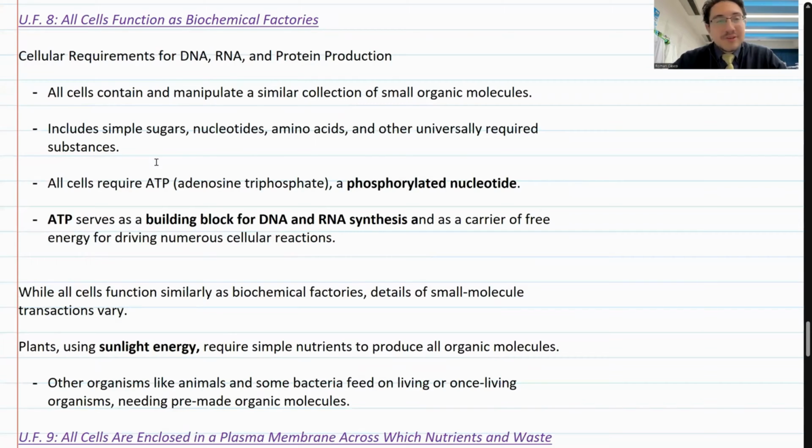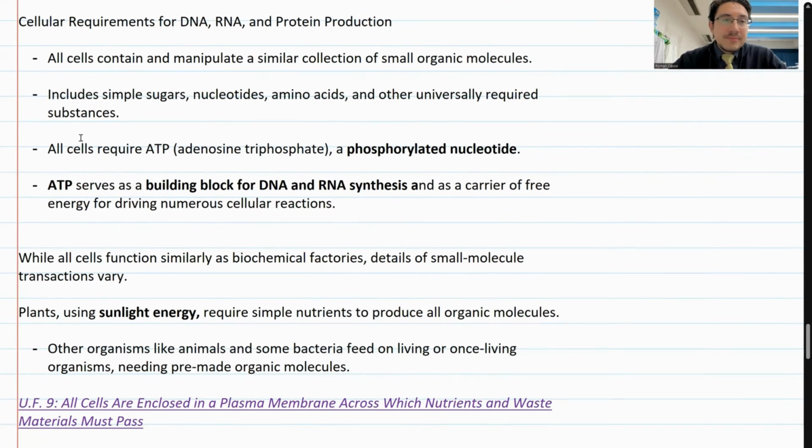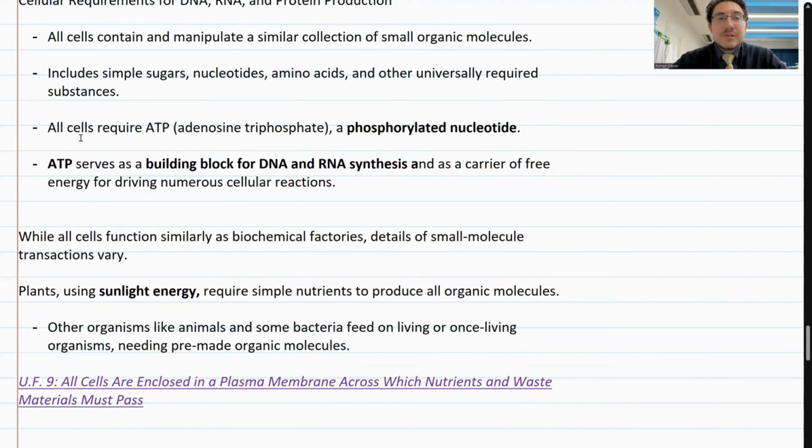Universal factor number 8: all cells function as biochemical factories. Now, having this idea of DNA replication, transcription, translation, and protein synthesis, we kind of start concluding this overall structure, an entity that is able to thrive in its environment, right? So ultimately, cells are biochemical factories. Cells need DNA, RNA, and protein production.